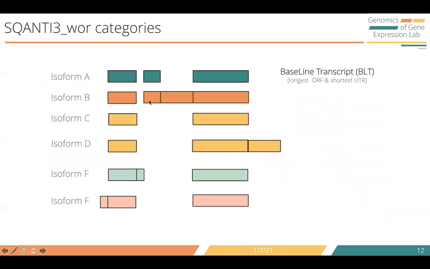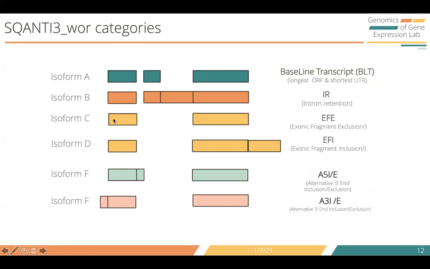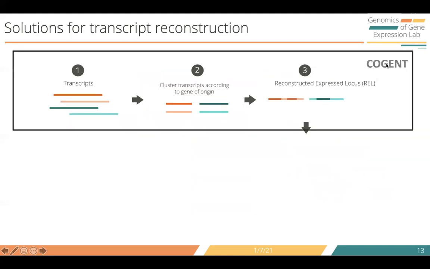In this case, we have envisioned a classification scheme that first identifies a transcript that is the baseline transcript, the BLT, and then describes the rest by the differences to this BLT, like intron retention, exonic fragment exclusion, inclusion, etc. So the way we do this is using Cogent, a program generated by Liz Tseng to cluster transcripts into the gene of origin and create a reconstructed express locus that integrates all transcript sequences into one contiguous path.